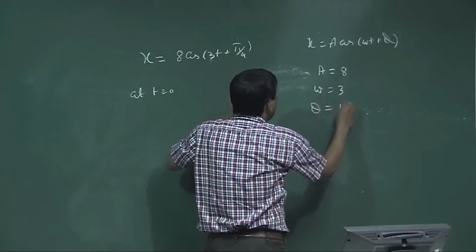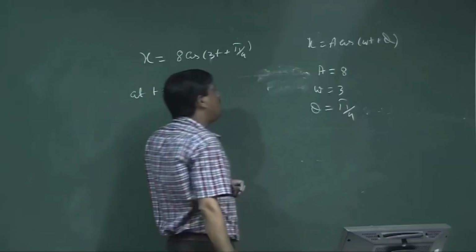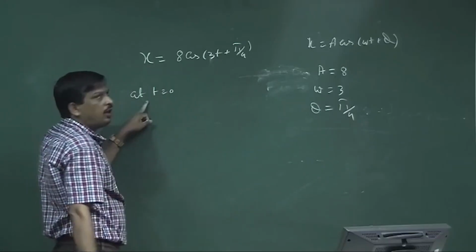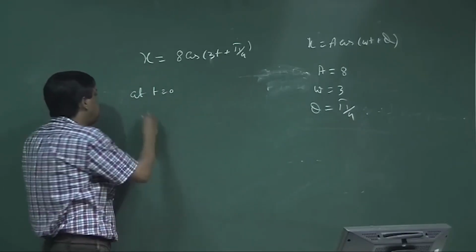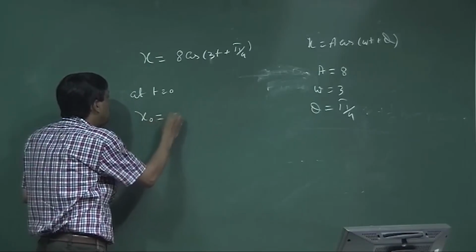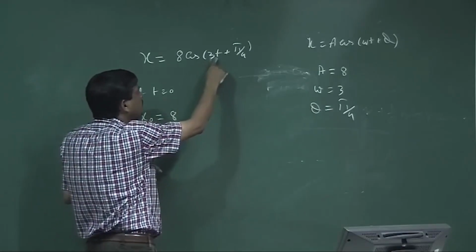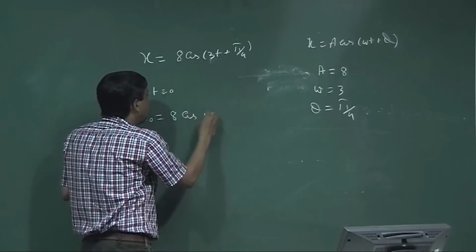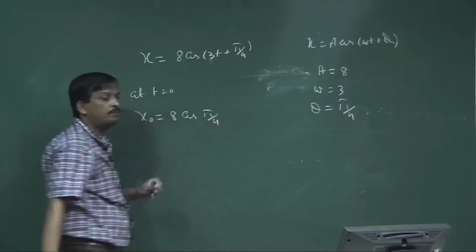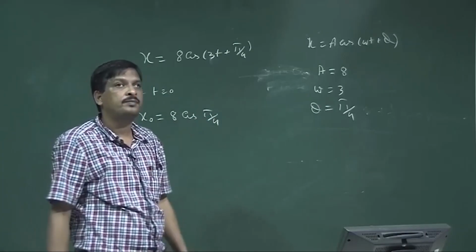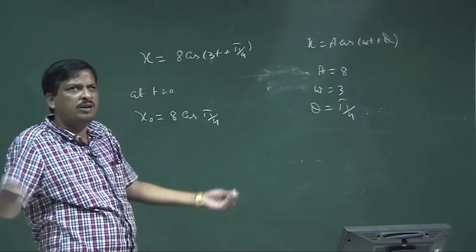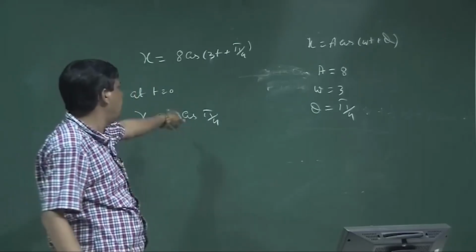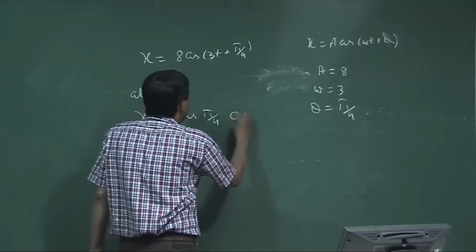It is nothing but pi by 4. Now, if I say at t equal to 0, what should be the displacement? Let x0 is equal to 8 cos(pi/4), so 8 cos pi by 4 centimeter.